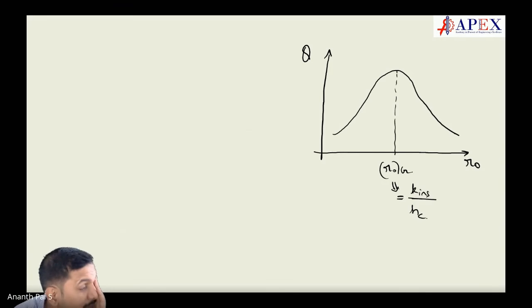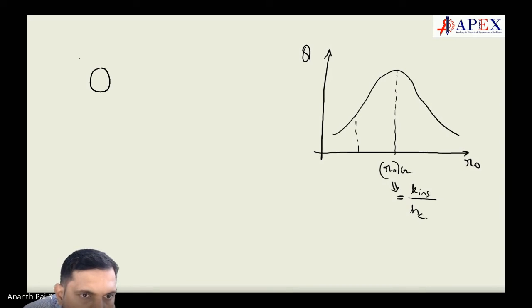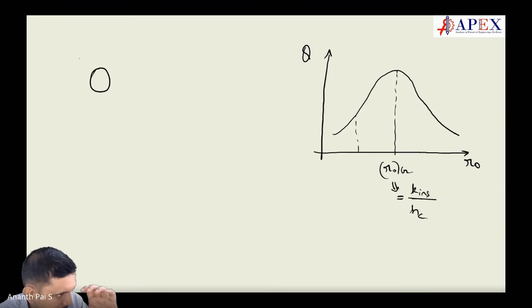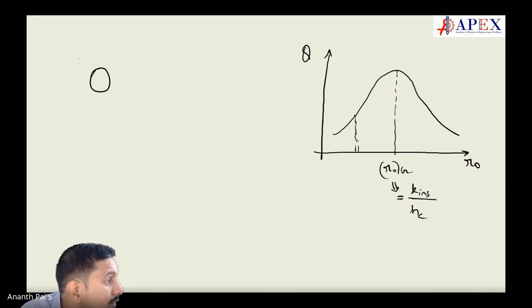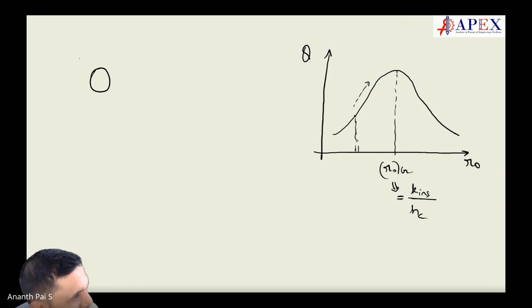Now the problem is here. In case you are over here, your insulation is here, Ri is the same. Observe. Now in case your steam pipe is so big that you fall in this region, and you add insulation, then what happens? You're going to increase the heat transfer. The purpose of insulation is not served. Make sense?